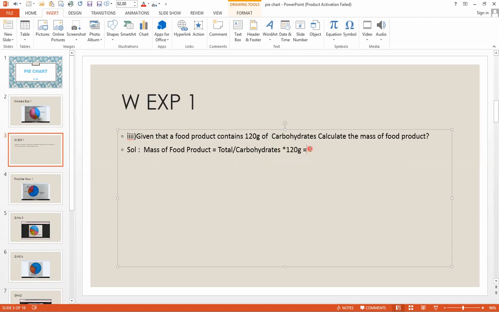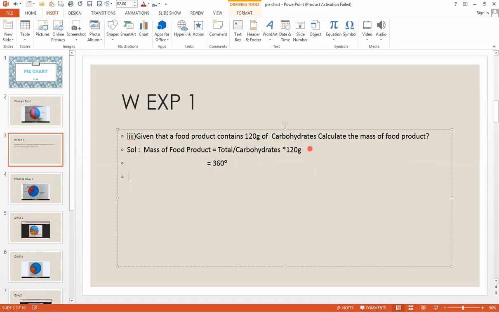Clear? Now we have to put the values in the question. So mass of food product is equal to first total. Whenever total is used in a pie chart, as I already told you in percentage, you have to put the value of 360 degree.